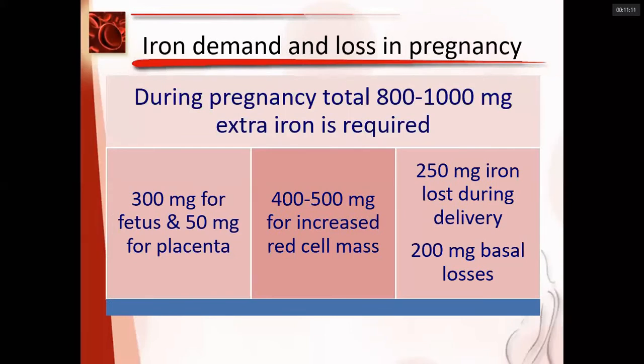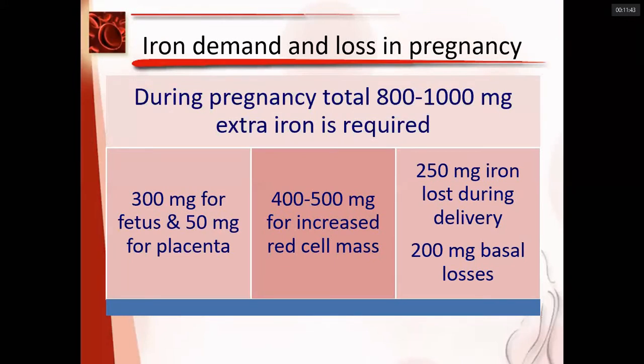If we see the demand of iron throughout pregnancy, the total extra iron required is around 800 to 1000 milligrams, and around half of it is required for the increase in the red cell mass. Around 350 milligrams is required for the fetus and the placenta, and 250 milligrams we estimate for the loss that may happen during childbirth or basal losses.